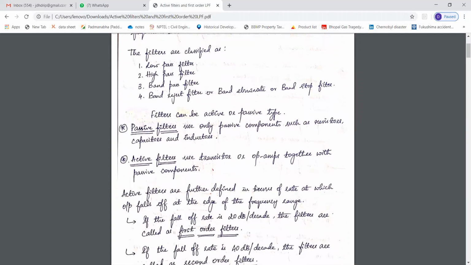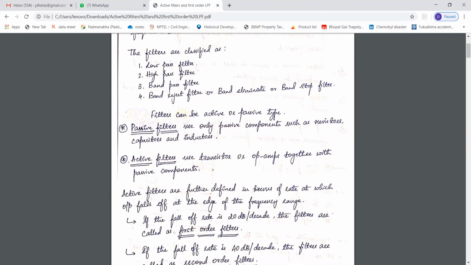First of all, we should understand what a passive filter and an active filter are. Passive filters are those filters that use passive components such as resistors, inductors, and capacitors. And what do we mean by an active filter?